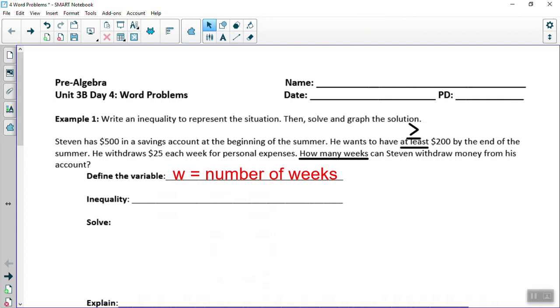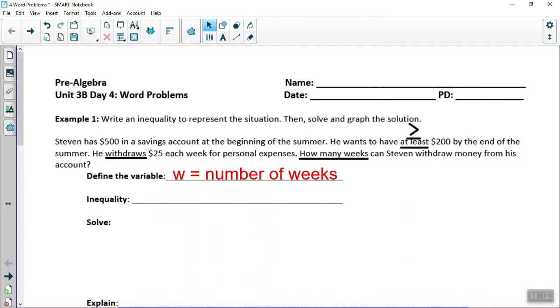All right, so now let's go and write the rest of it. He currently has $500 in his account. He's going to withdraw $25. So what does withdraw mean? That means take out. Right? I'm going to take away $25 each week. So that means I'm going to subtract. So I'm going to start with my $500, and then each week, here's my number of weeks.